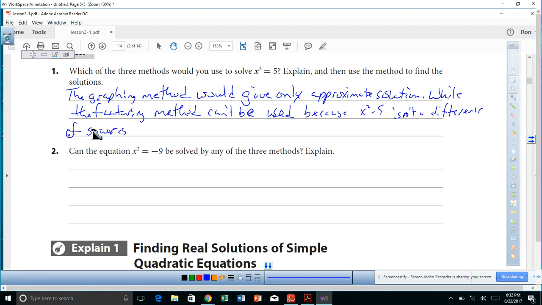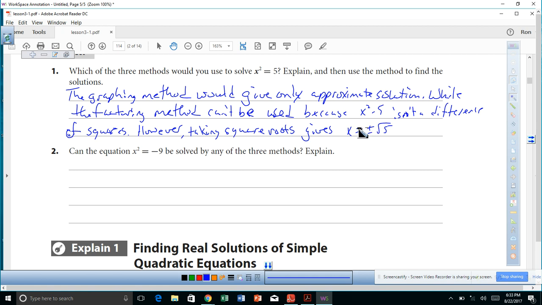However, taking square roots gives x equals plus or minus the square root of 5.